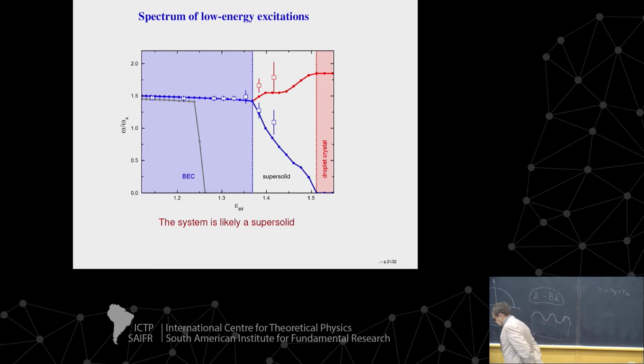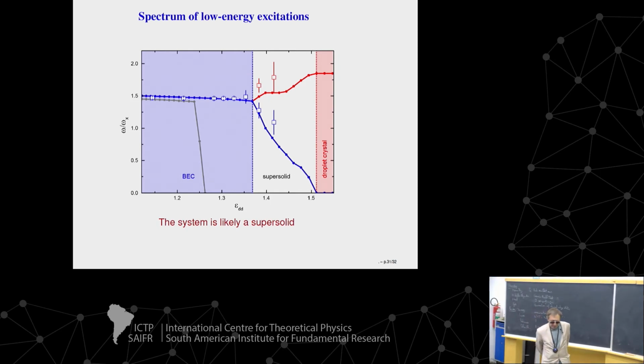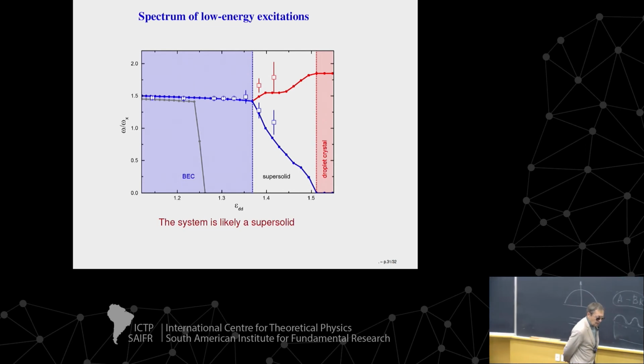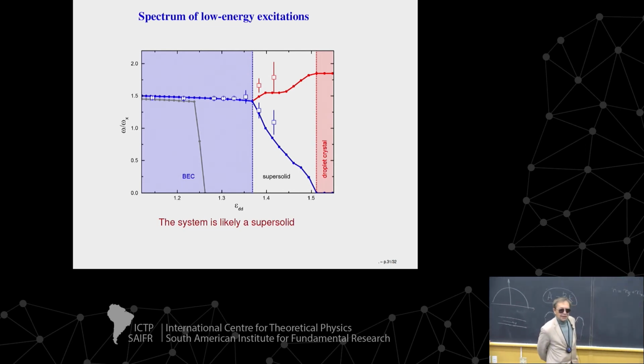So, what is necessary to do, and that's what many people are doing now, is to first calculate the normal density for this supersolid state, having in mind that there are two branches of the spectrum and so on.